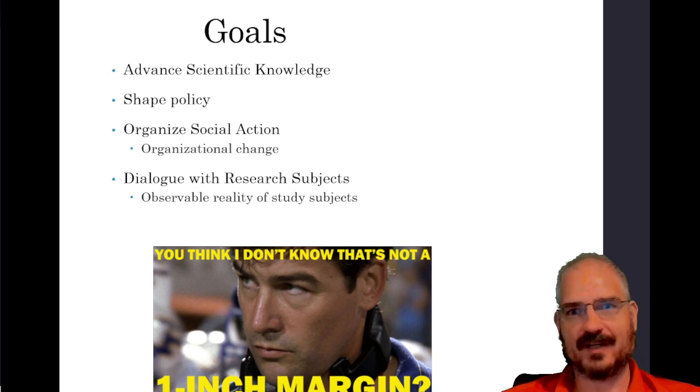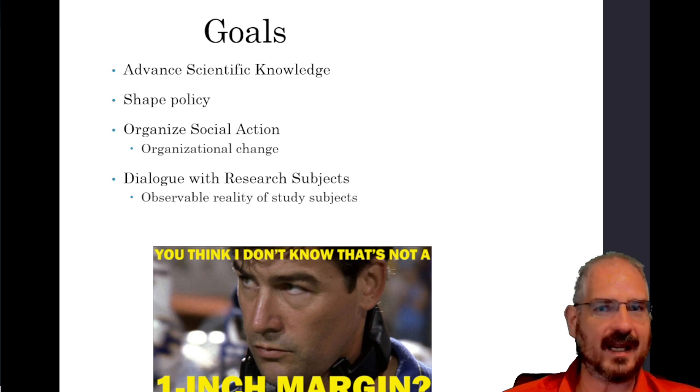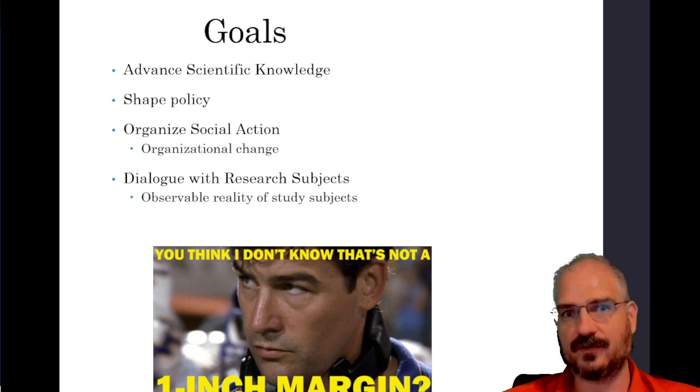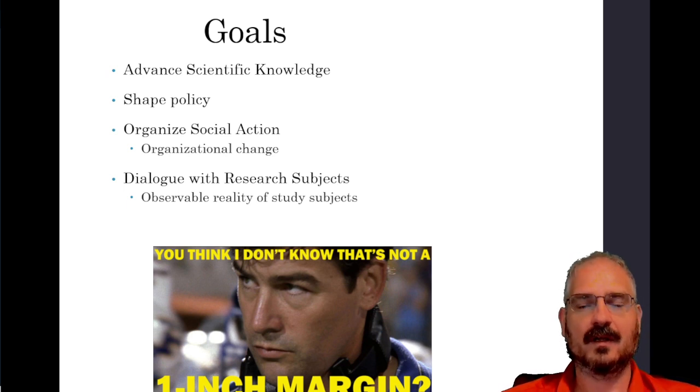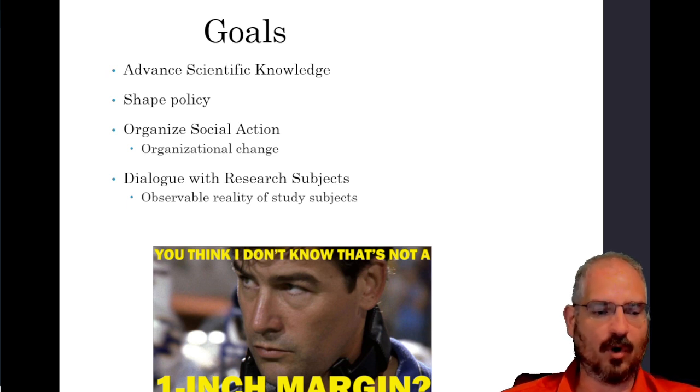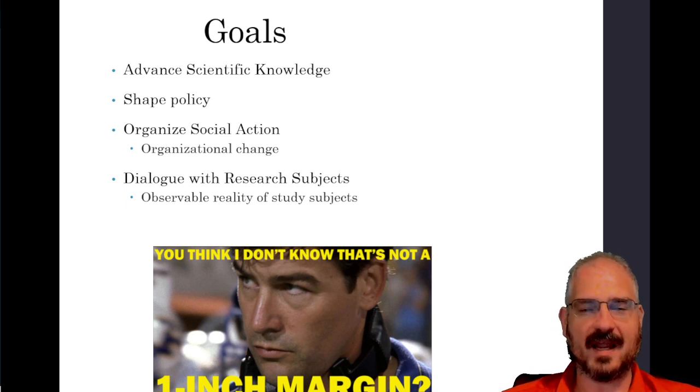Whether that's an organization making decisions about how that organization is run, or it's lawmakers passing new criminal laws or administrative laws or whatever. We want those decisions to be made based on the best possible information. So the more information we can give those decision makers who are creating and modifying these policies, the more those policies can actually have a chance to make the world a better place.